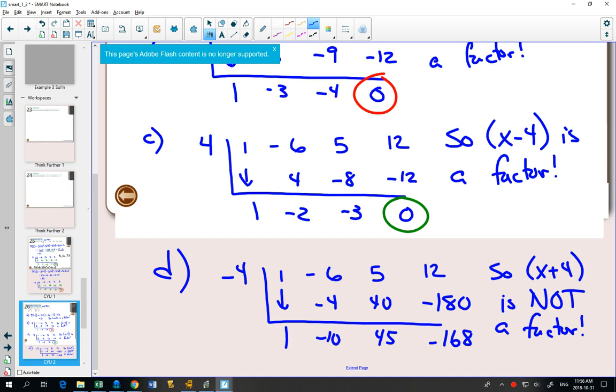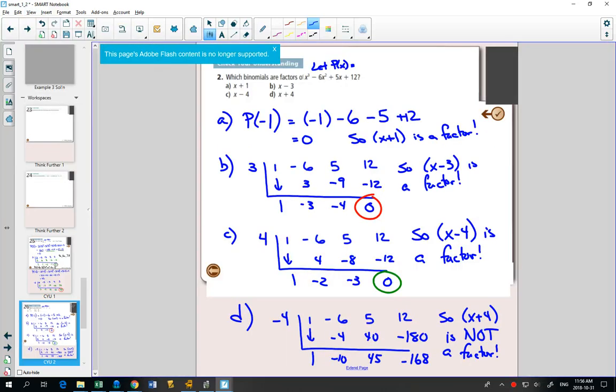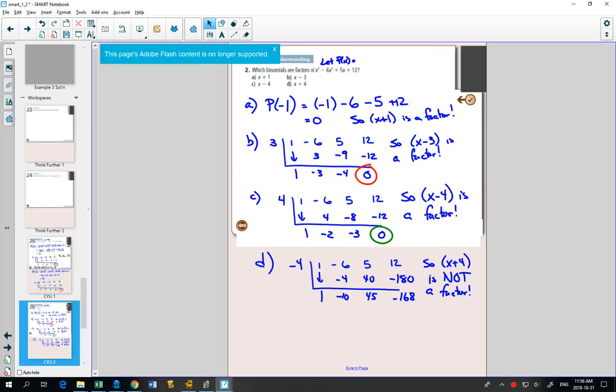Now, we did find, zoom to the entire page here, we did find x minus 3 was a factor, x minus 4 was a factor, and x plus 1 was a factor. What does that mean?